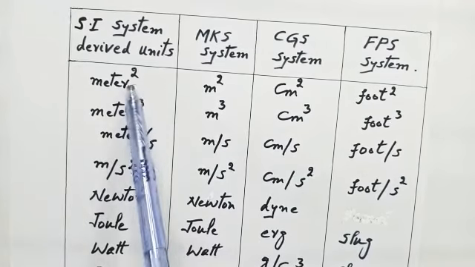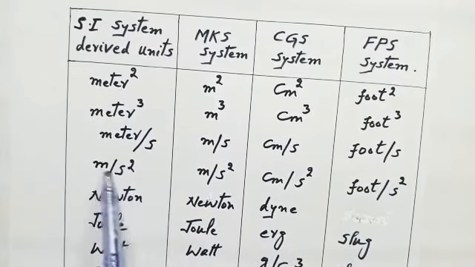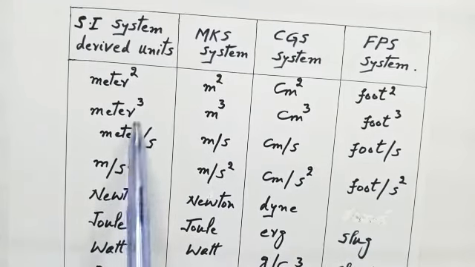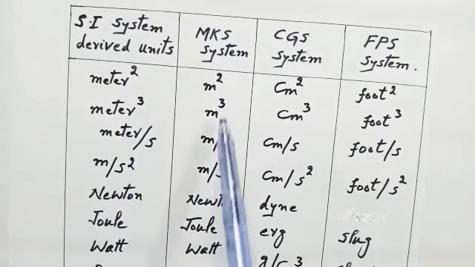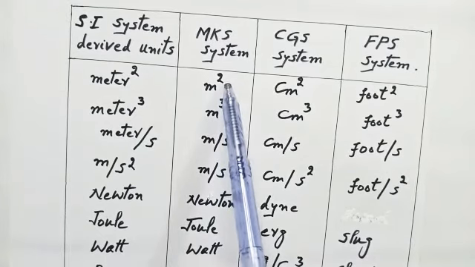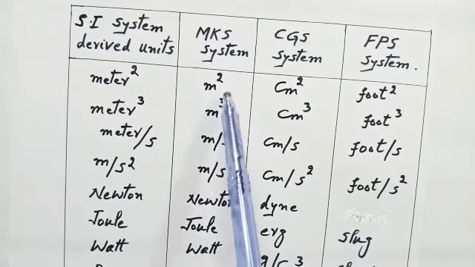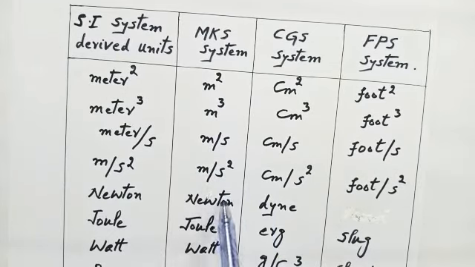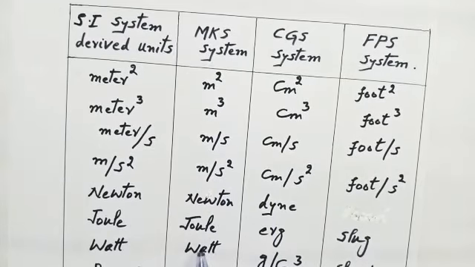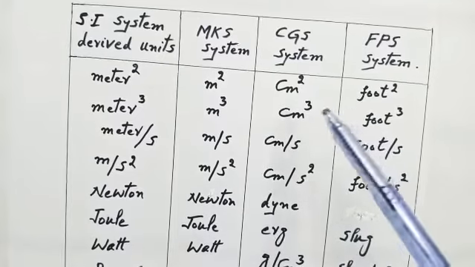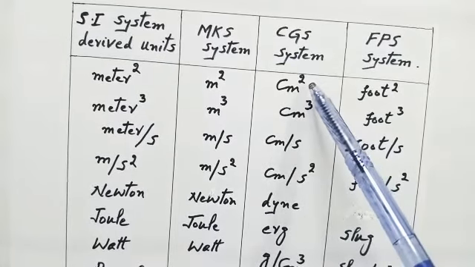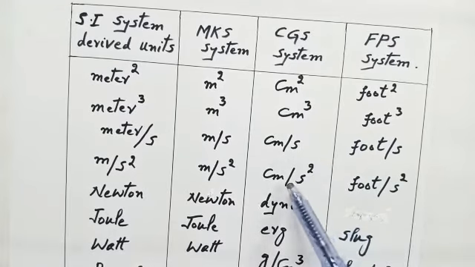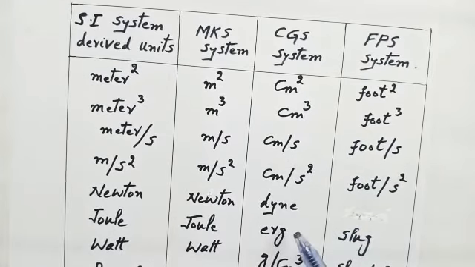Meter square, meter cube, meter per second square, Newton, joule, watt are derived units of SI system. Here are derived units of MKS system: meter square, meter cube, meter per second square, Newton, joule, watt. Here are derived units of CGS system: centimeter square, centimeter cube, centimeter per second square, dyne, erg.